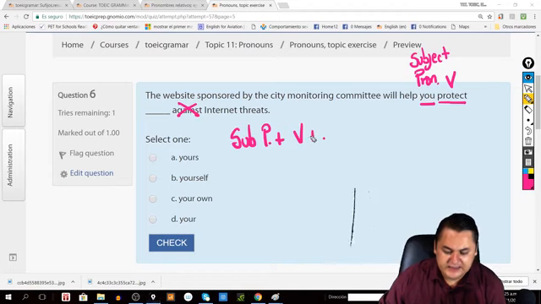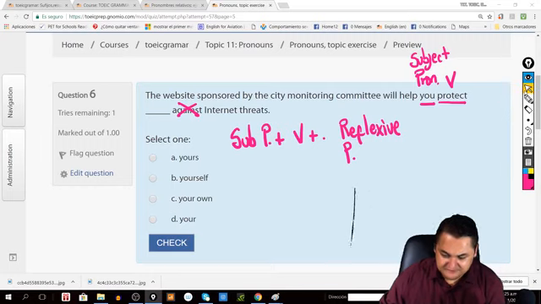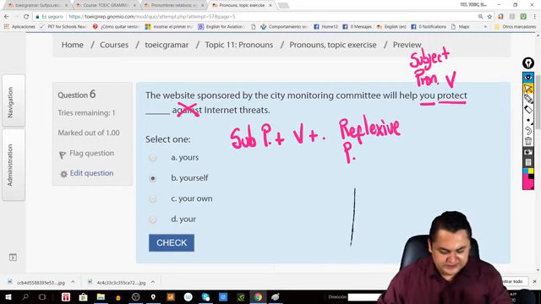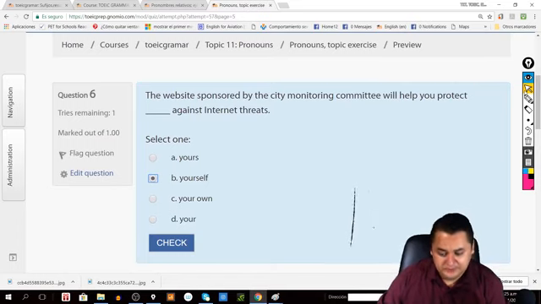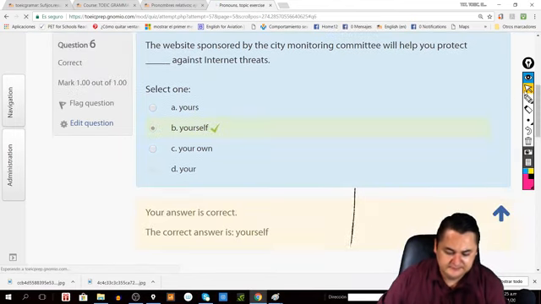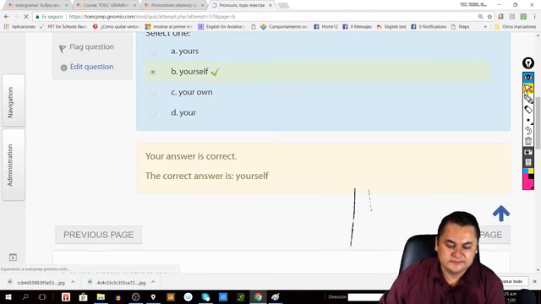That means I can look for a reflexive pronoun to say to help you protect yourself. You're going to protect yourself. The website sponsored by the City Monitoring Committee will help you protect yourself against internet threats. Let us try next.